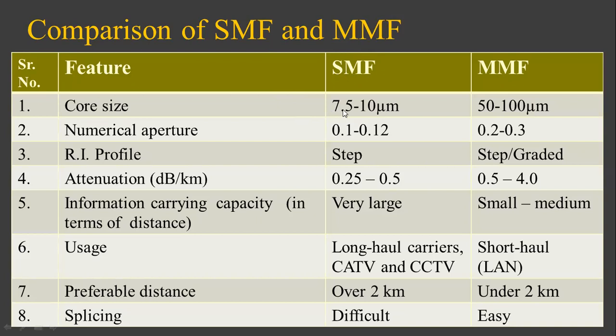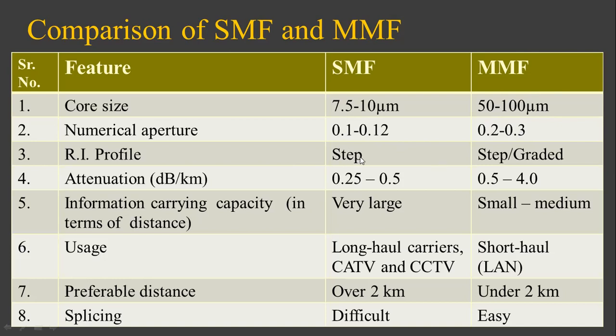The core size of the SMF, single mode fiber, ranges from 7.5 to 10 micrometer, whereas MMF has 10 to 100 micrometer. And numerical aperture, here it is 0.1 to 0.12, and here it is 0.2 to 0.3.